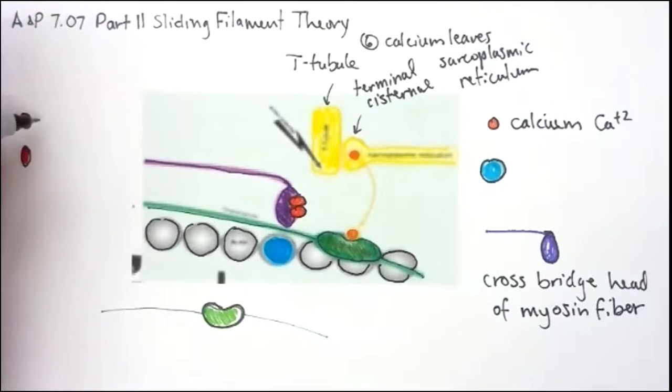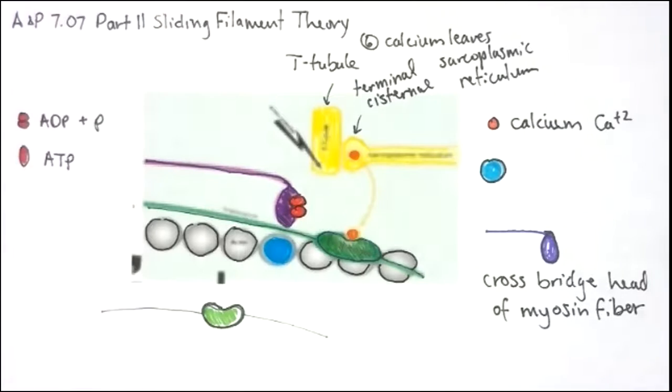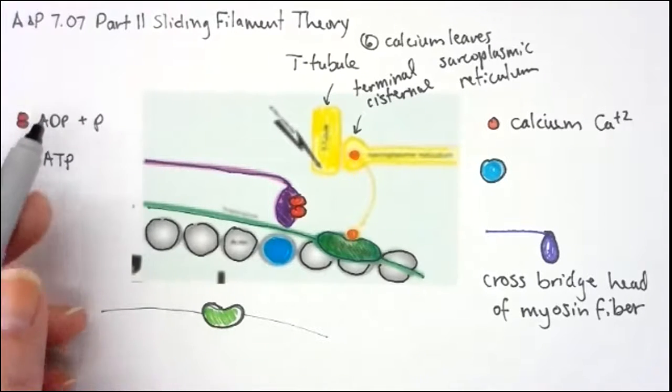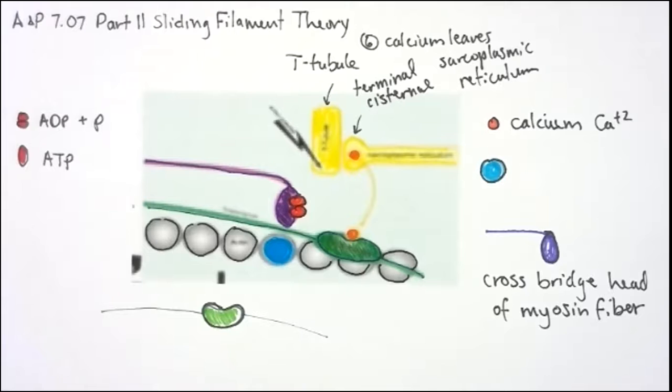When we have 2 small circles like that, that represents ADP and a phosphate group. When you see a single circle, that represents ATP. And if you remember from biology, ATP is the molecule of energy for our cells, and that's the energy that's going to power this whole cycle.